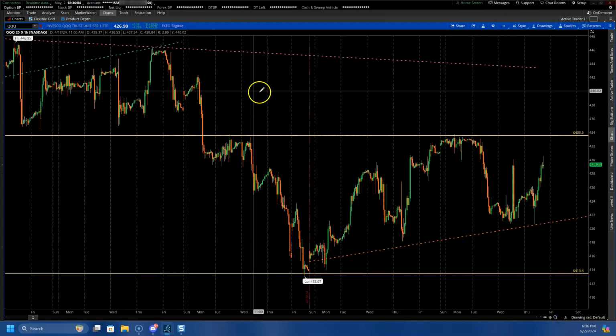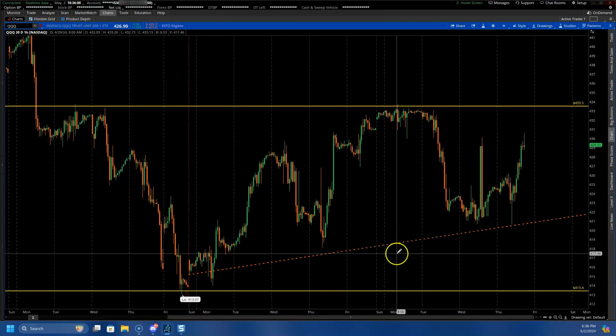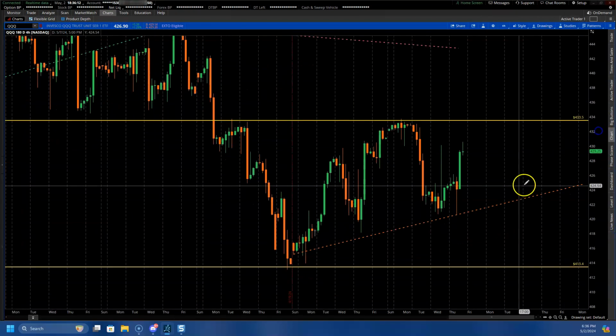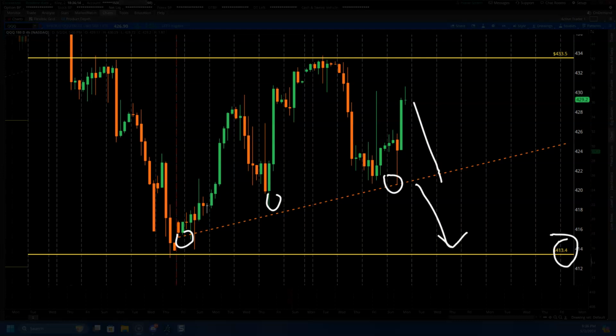It's still not out of the woods yet for bulls to call it a win, but they defended this level. Here was the uptrend line, this one right here with 3 points, and if we break down from this particular uptrend line, then definitely this 413.5 becomes your target to the downside.